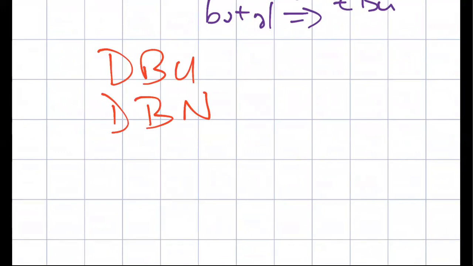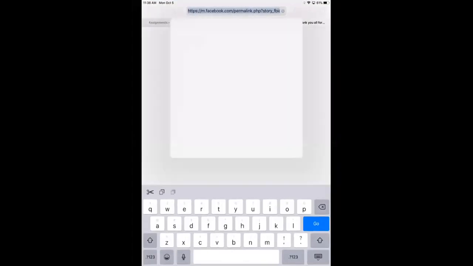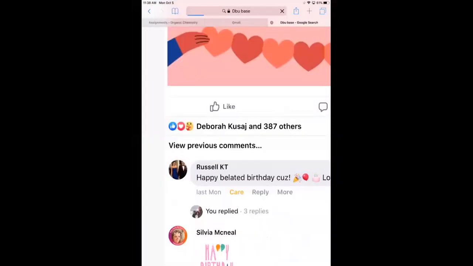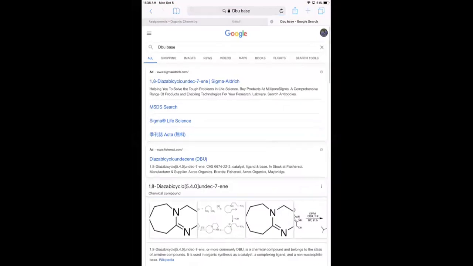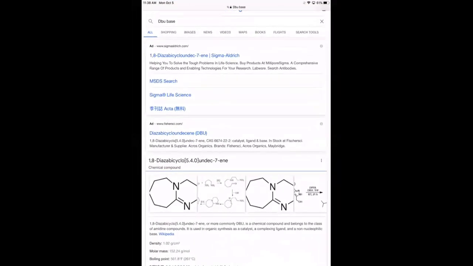Let me pull it up right quick so you can see the structure. DBU is diazabicyclo undec-7-ene. I said ane earlier, but it's ene because of this little double bond that's in there.